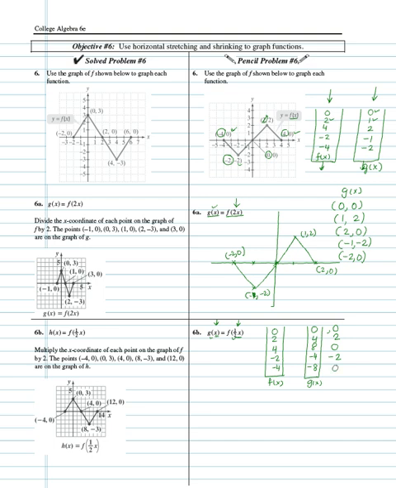So once I have this, I'm simply going to go ahead and plot them here. 0, 0. 4 and 2. So somewhere here. If I say this is 4 and this is 8, this is -4 and this is -8. 4 and 2 is here. 8 and 0. -4 and -2. So I'm simply going to join this.